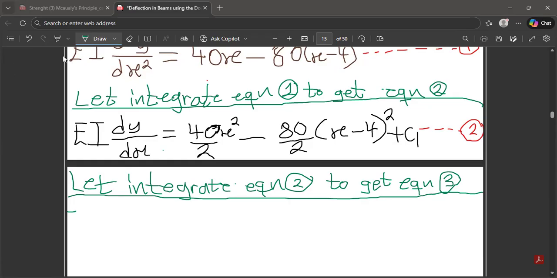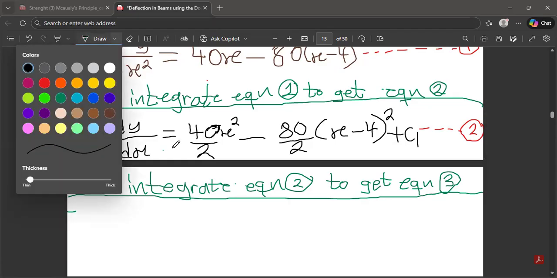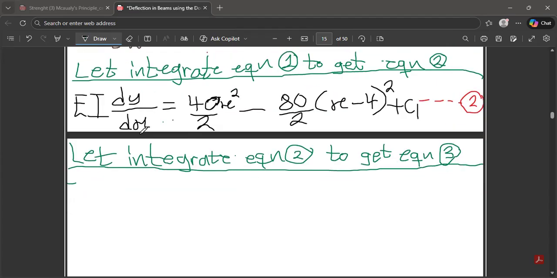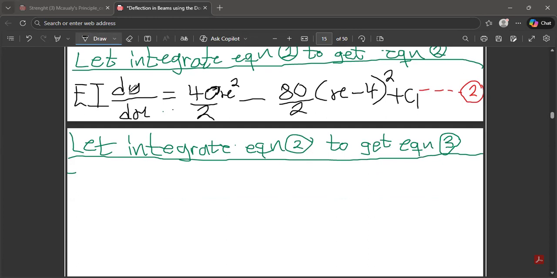So the integral of equation 2, how is it going to look? If you integrate equation 2, the differential of this is going to become y.